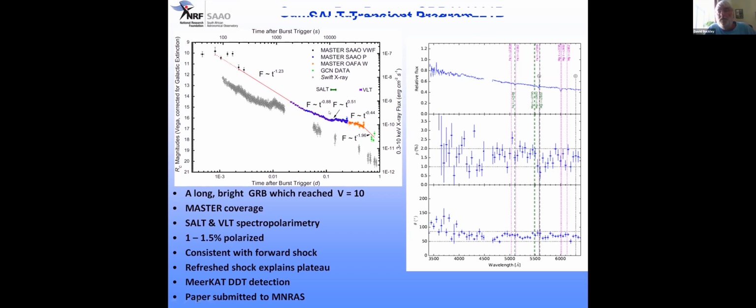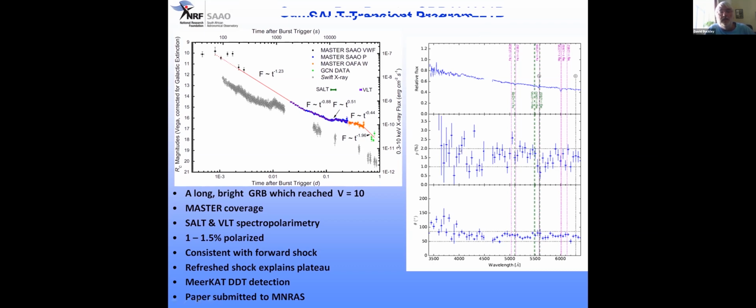And so we managed to do spectropolarimetry, which is a rare thing for a GRB, with SALT, and our colleagues in Chile managed to get onto it with the VLT at this time, around about here. The SALT observations were around about here, where it started to plateau out.